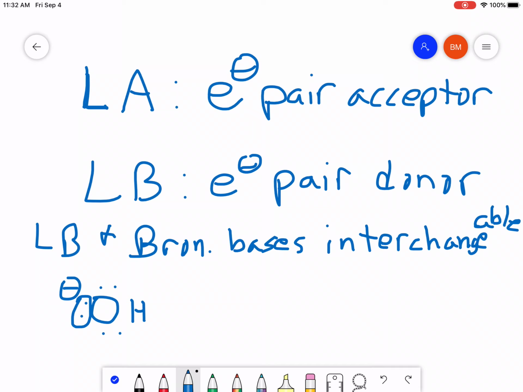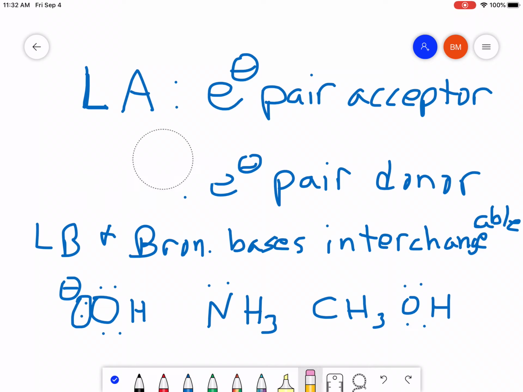So in the process of accepting a proton, the OH minus donates an electron pair. So therefore, it is a Lewis base. NH3, Bronsted base and Lewis base. CH3OH, Bronsted base and Lewis base.